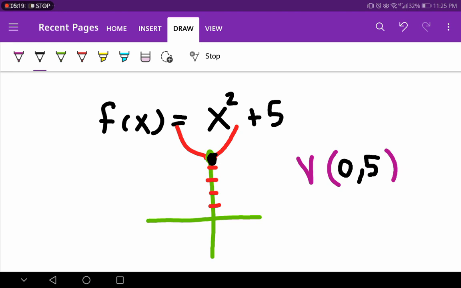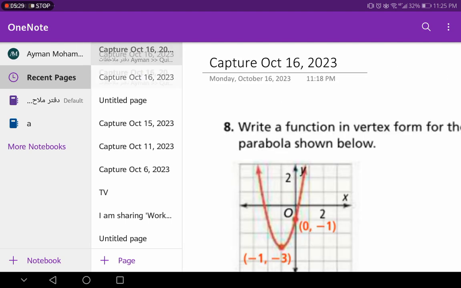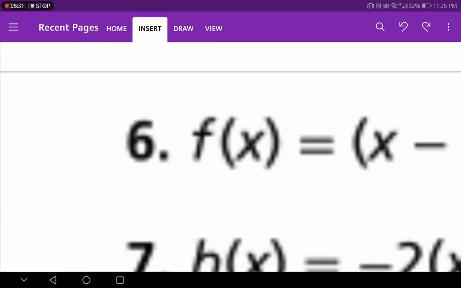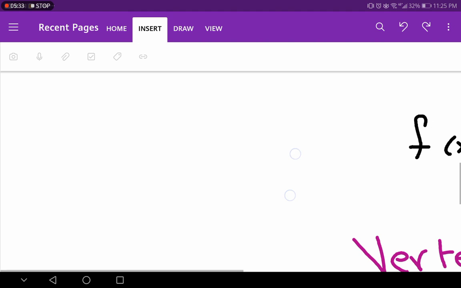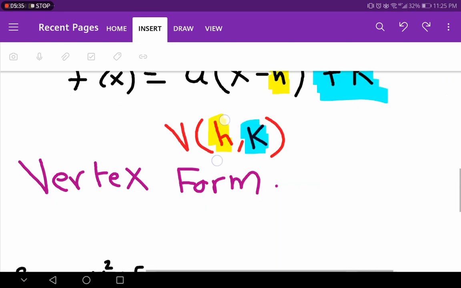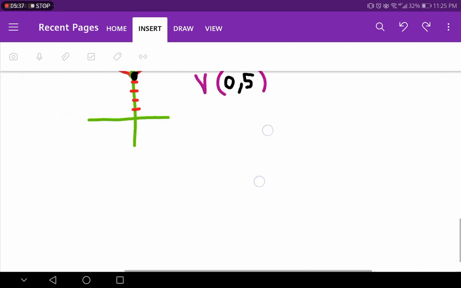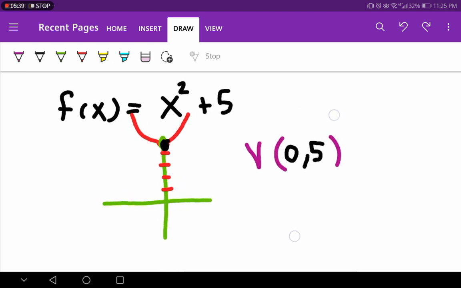This is the vertex, and the axis of symmetry, as you see, my dear student, let me erase this, not this, this.